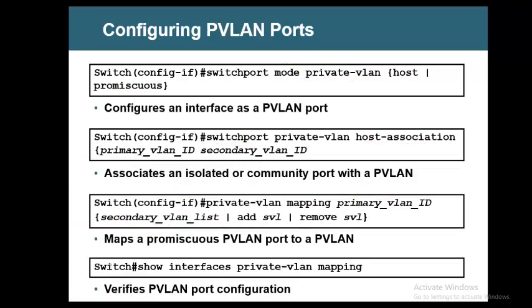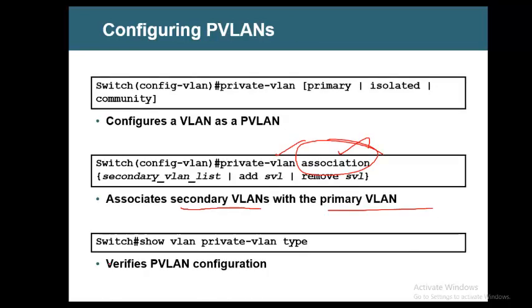Now you did this on one switch. If you want this to be distributed to all other switches, not the interface configuration, the interface configuration we have to do manually on all switches. Whatever you did in this page on one switch, if you want that to be propagated to other switches, you need VTP version 3 so that you need not repeat these things.